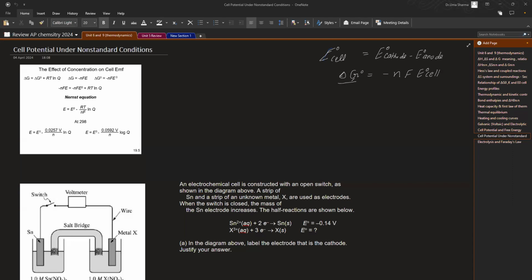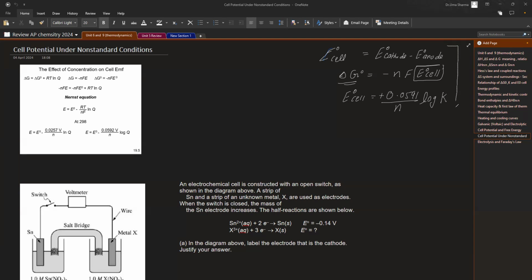If I know delta G naught, I can calculate E naught cell. Then another equation which we did was E naught cell is 0.0591 over N log K.